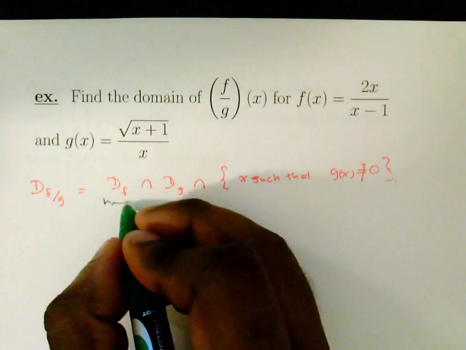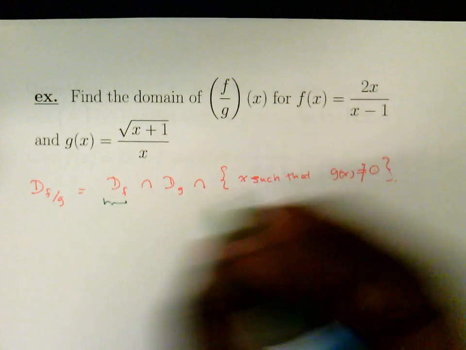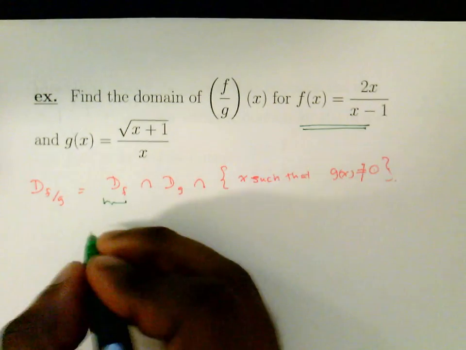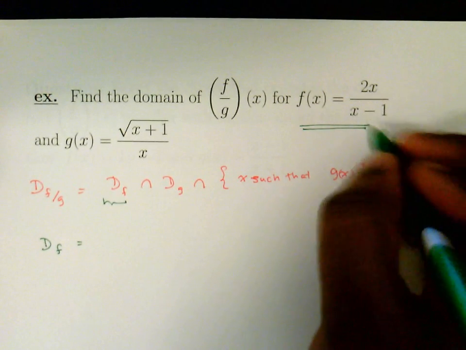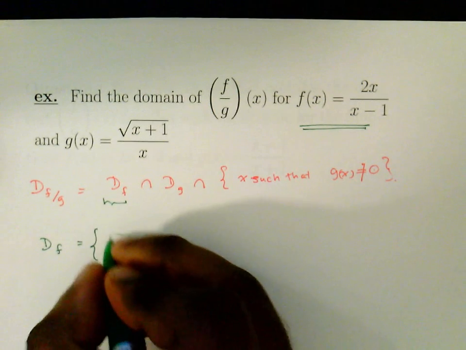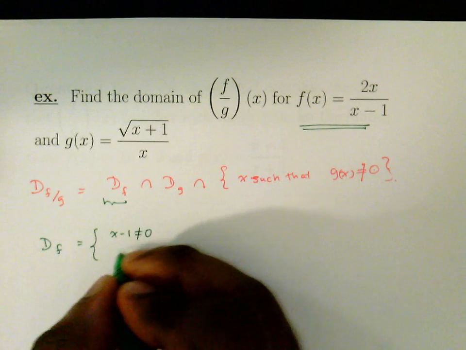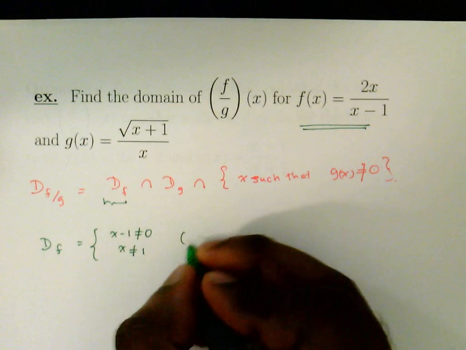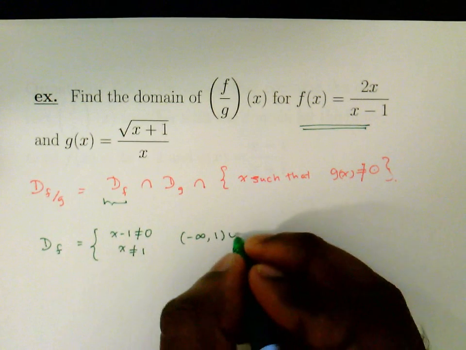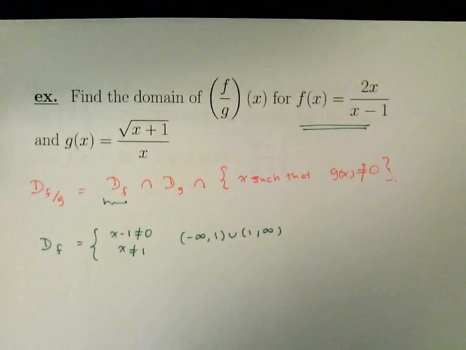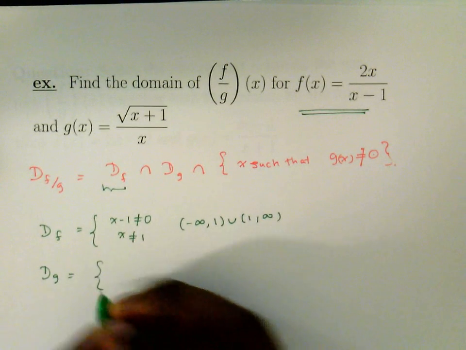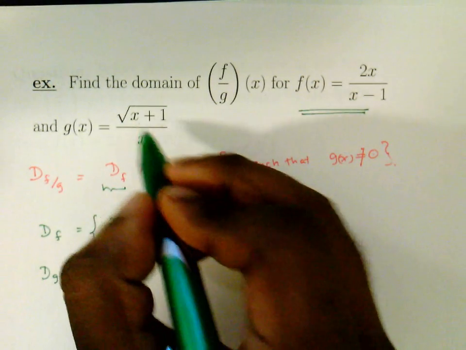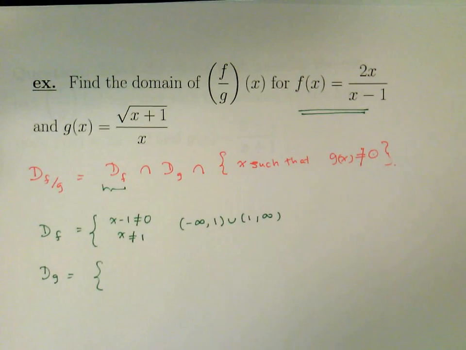So let's find these three things. The domain of f: you look at the function f, that would be anything but 1. So x minus 1 not equals 0, so x not equals 1, that would be negative infinity to 1, then 1 to infinity. Domain of g: there are two domain restrictions, a square root and the denominator.